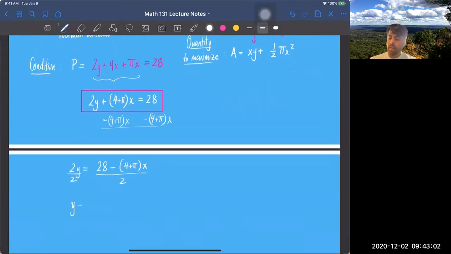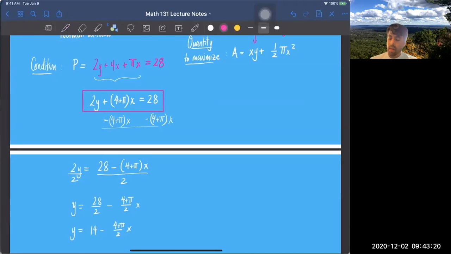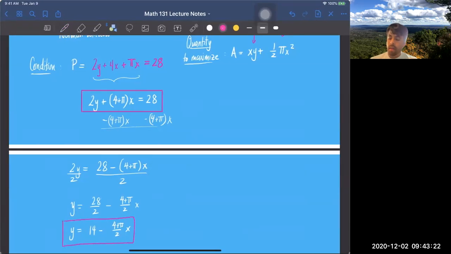So y is equal to 14 minus ((4 plus pi) over 2) x. The answer to this problem will not be so clean. It will be like a decimal because of the pi.